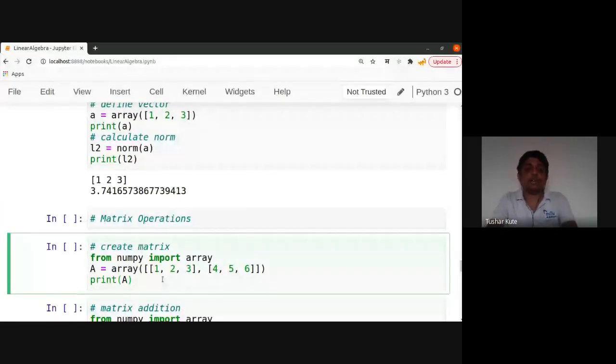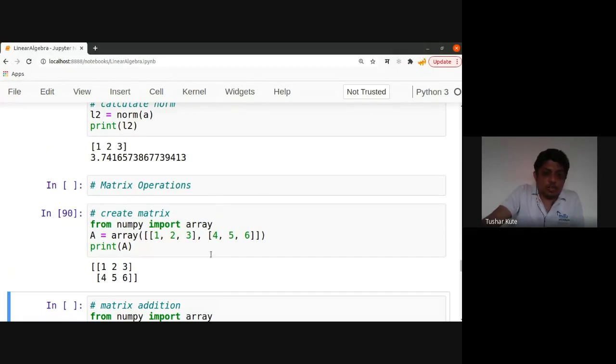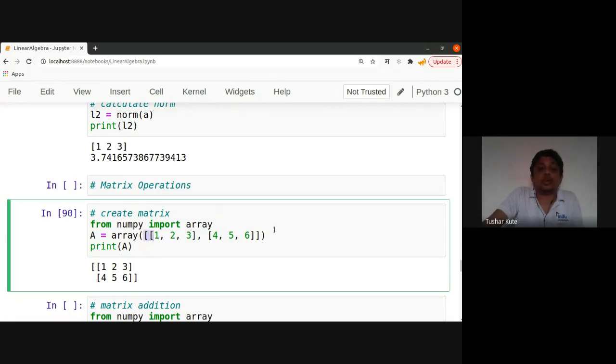This is a simple matrix I create. See this, creating a matrix. The array function, the same function, is used to create the matrix. I pass two square brackets at the start and at the end, and in that a set of rows: this is the first row, this is the second row, then third row, fourth row. So I have created A, noting the notation: uppercase for a matrix, lowercase for a vector.